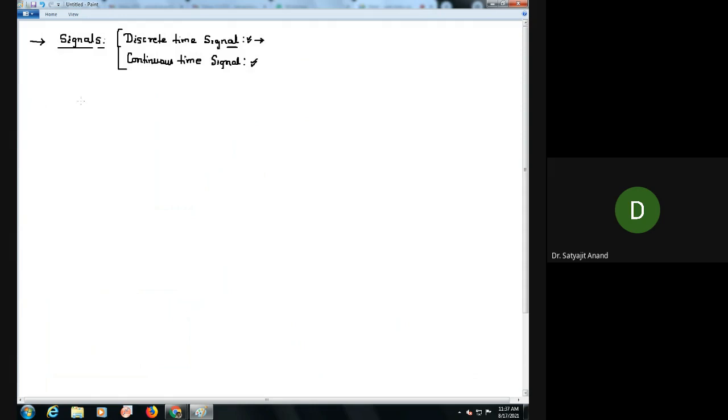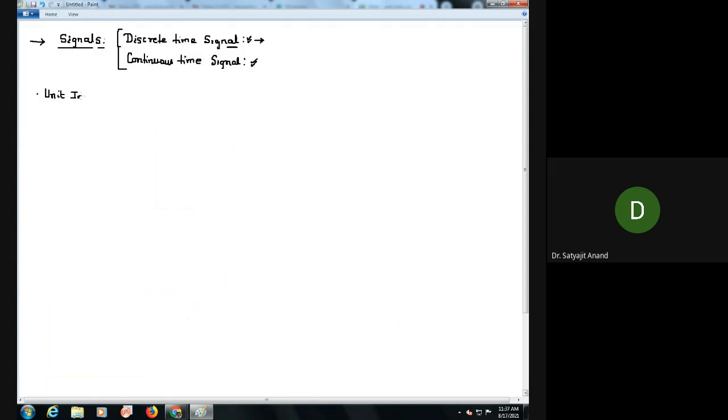Now, in discrete and continuous time signals, we see three basic elementary signals. First is basically the unit impulse signal.